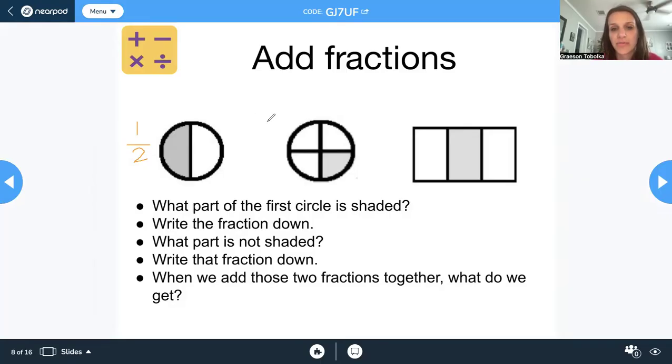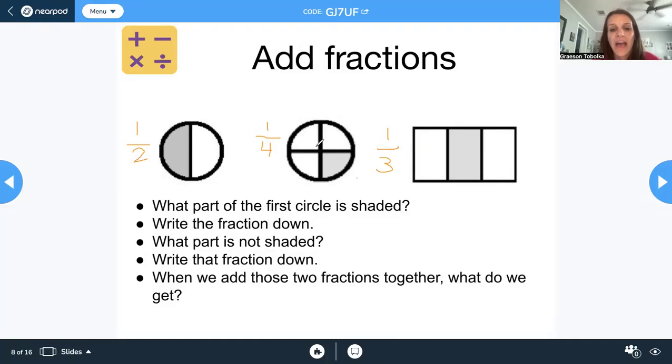The next one here, we have 1 shaded, which is our numerator, out of how many total? Good, 4. And the final one, how many do we have shaded? Good, 1 out of 3, and we call that 1/3. So 1/2, 1/4, and 1/3.